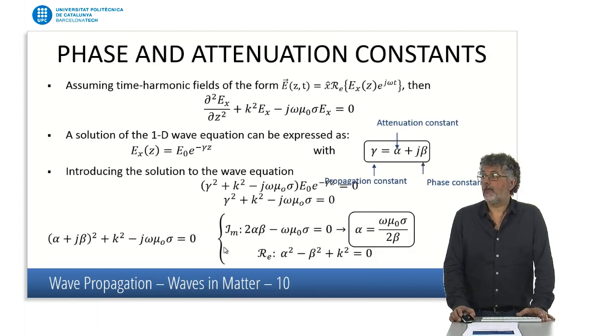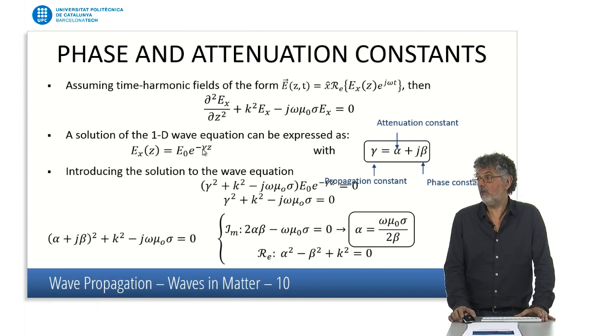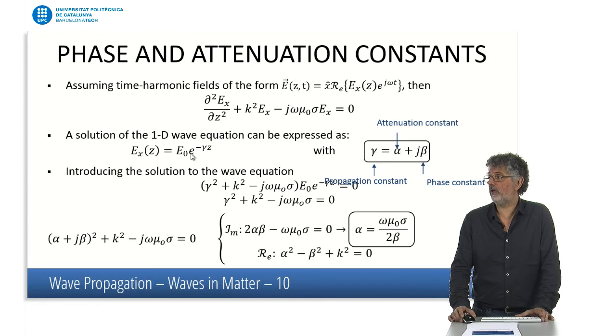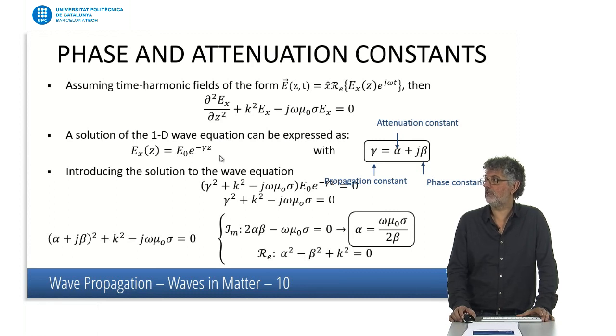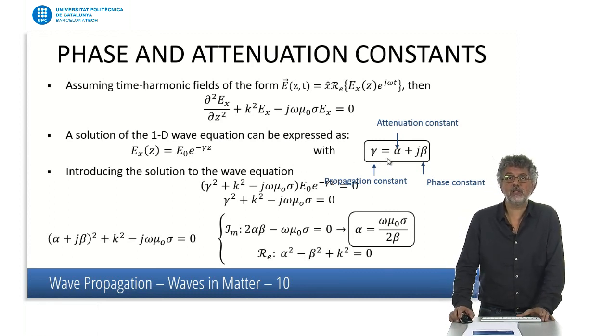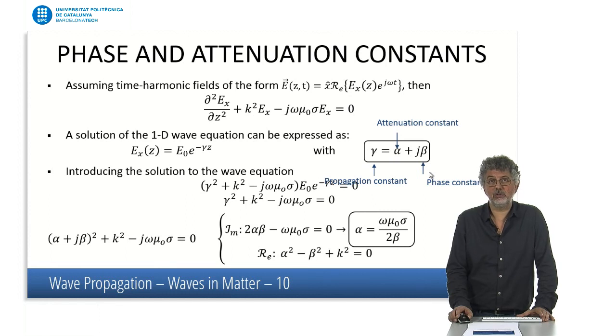Now, if we assume time harmonic fields, this is the 1D wave equation, and it can be seen, and we'll see it right away, that that wave equation has a solution of this type, where gamma is what we will call the propagation constant, and it's a complex number that has two terms: alpha, which is the attenuation constant, and beta, that is the phase constant.